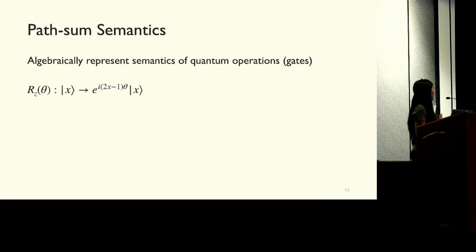Using the path integrals, we can define what's called the path sum semantics for quantum operations. This is a more compact and algebraic representation for semantics of gates. You can think of it as a transition relation between states for operational semantics. And we have the RZ gate here from before.